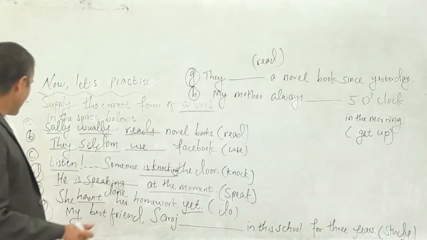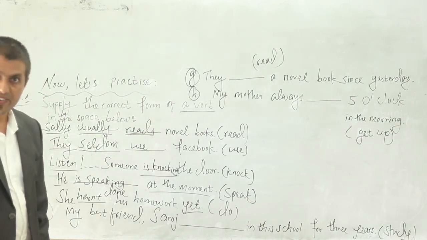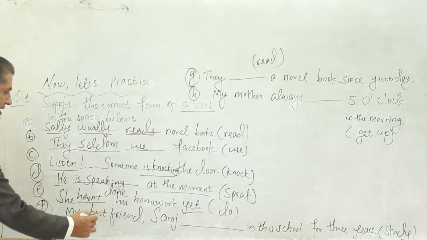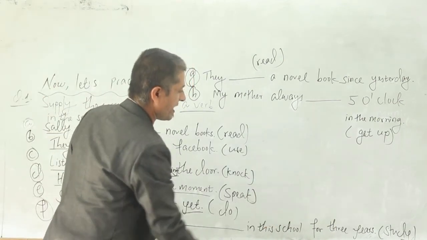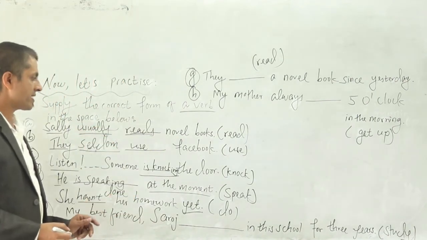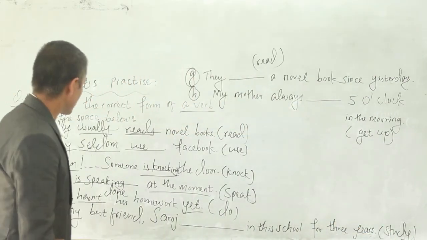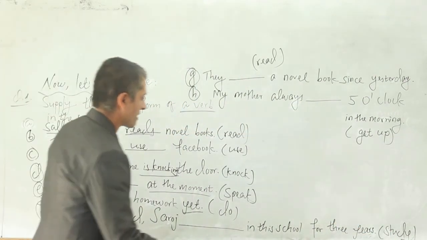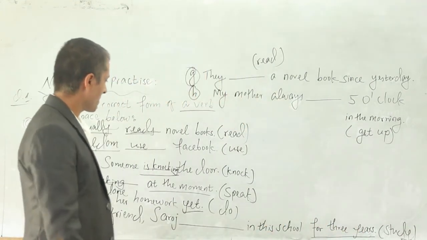Okay, my dear student, now let's see number F. My best friend Sharoz dash in this school for three years. The verb given in the bracket is study. Notice for three years.